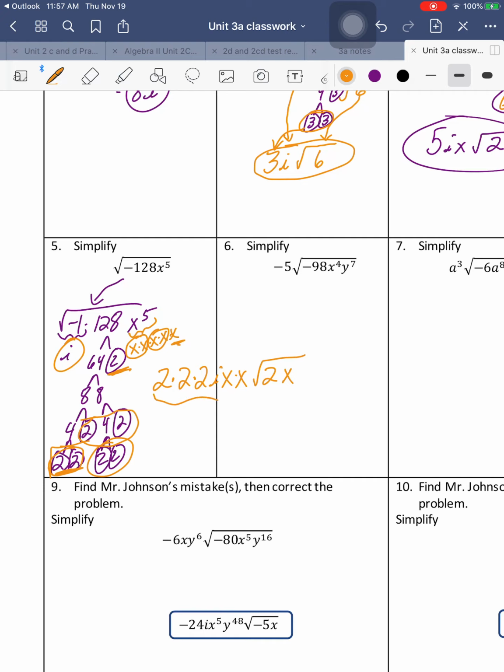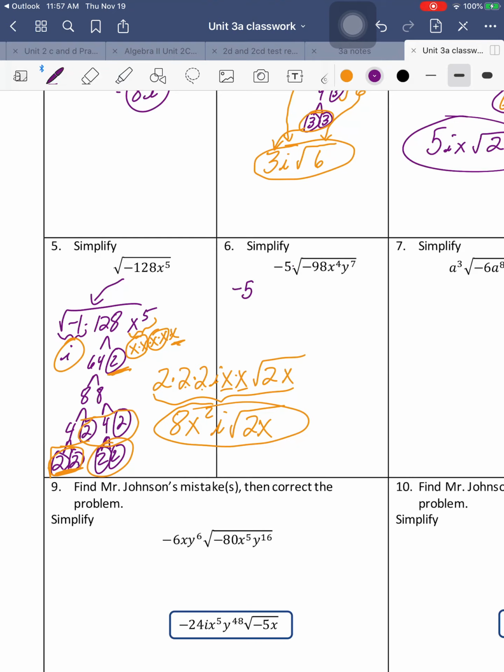All right, let's simplify this down. 2 times 2 times 2 is 8. x times x is x squared. I switch those around. With multiplication, you can switch around any order, it doesn't matter.